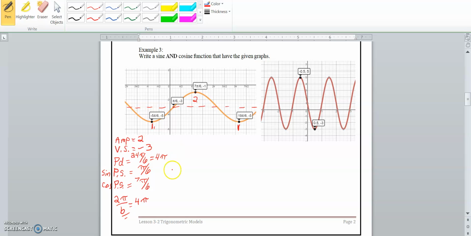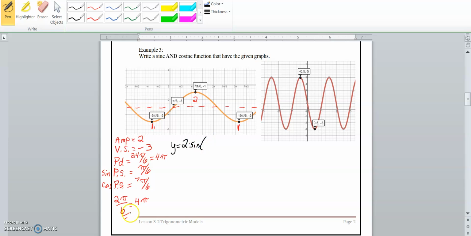Y equals A times sine. A is our amplitude, just 2.